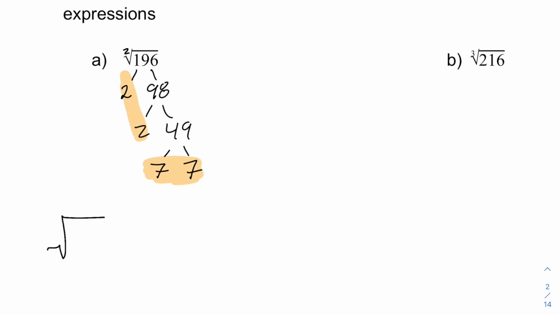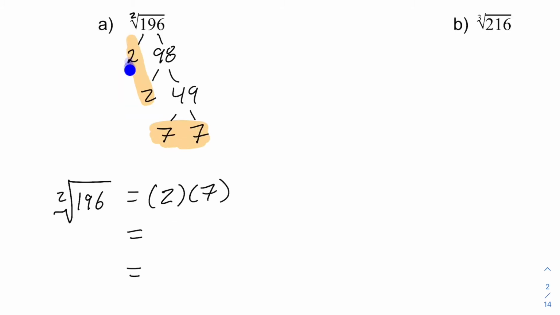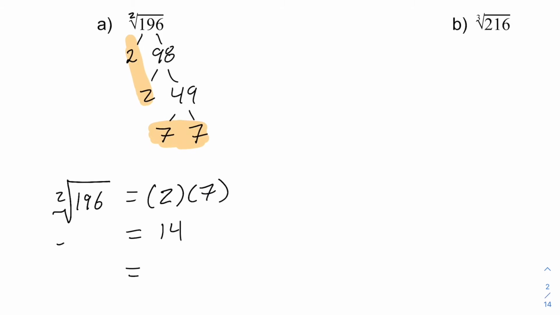So essentially, the square root of 196 is going to equal 2 times 7. We take one of our 2s and plop it in there, and we take one of our 7s, and that will give us 14. So the square root of 196 actually equals 14. That's why it's a perfect square, and we were able to group numbers into 2s, perfect groupings.